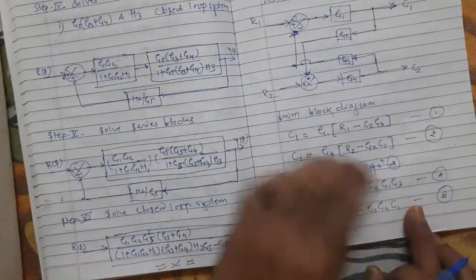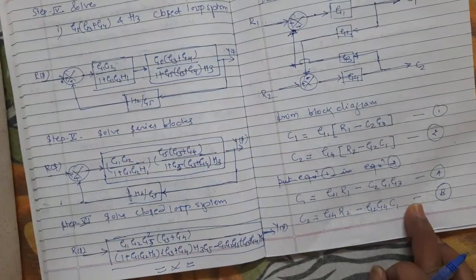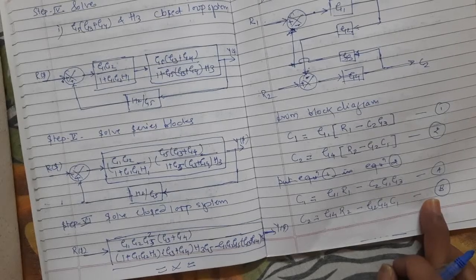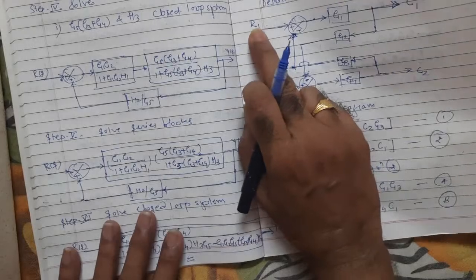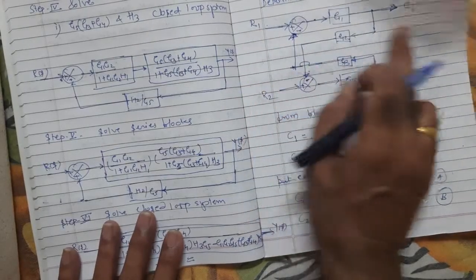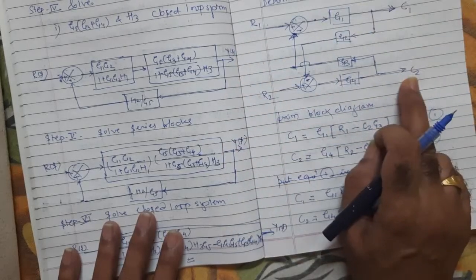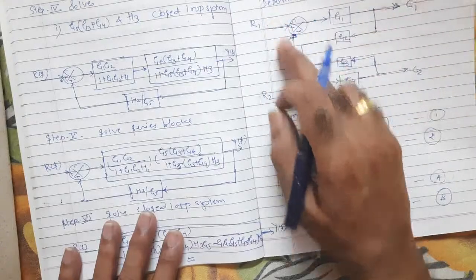Now see here, two inputs and two outputs are given. Our transfer function consists of only one input and one output. So suppose if we consider R1, then we will consider first C1. If we consider R2, that means R1 becomes 0.